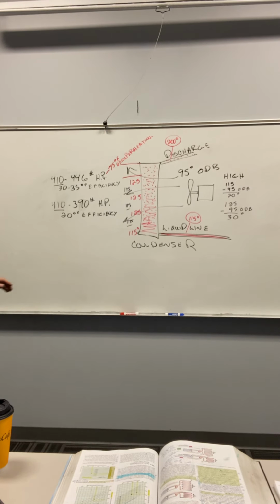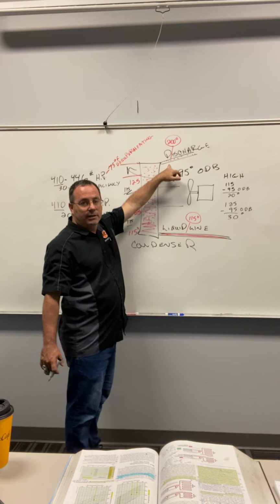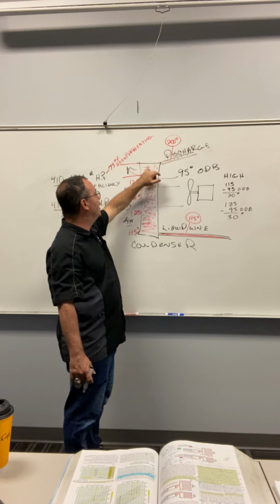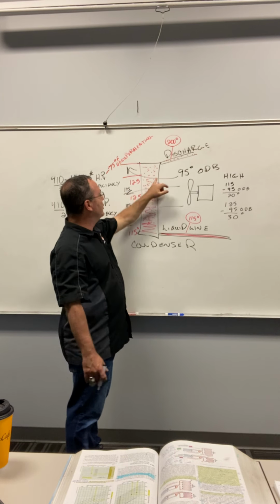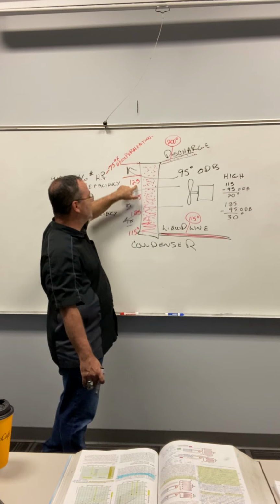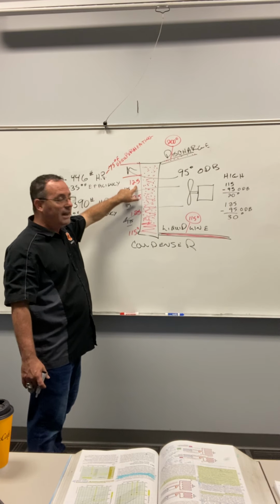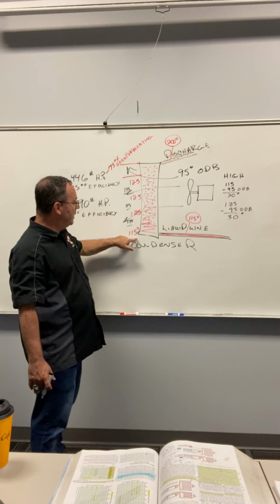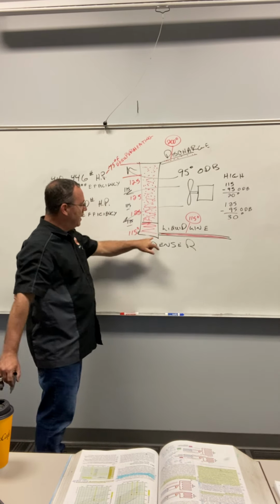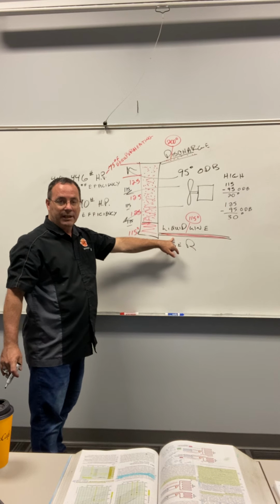So there you go. We got 200 degrees discharge temperature, a superheated vapor coming into the condenser. It starts to condense. 95-degree air goes across the coil and it's condensing at 125. Then it becomes subcooled liquid at the bottom and it's 115.